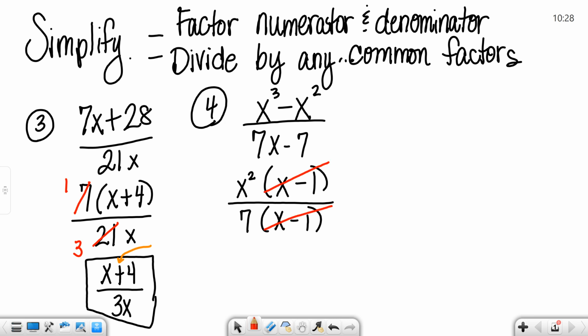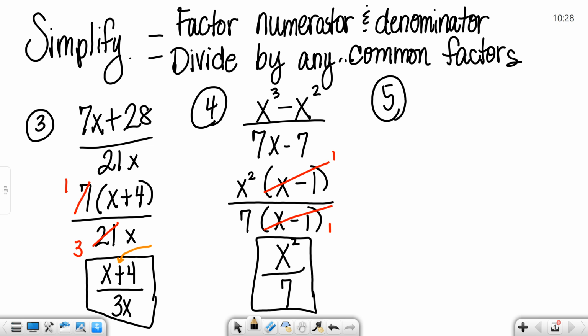So I can divide by that whole factor, and it gives me a 1 and 1. So my simplified answer would be x squared times that 1 over 7 times 1. So x squared divided by 7. All right, let's try another.